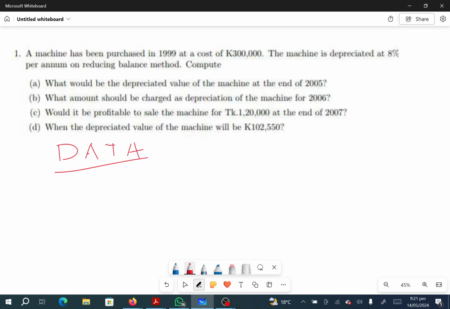Our initial cost C was 300,000. Then we have been given the depreciation rate. So we'll say rate of depreciation is 8%.